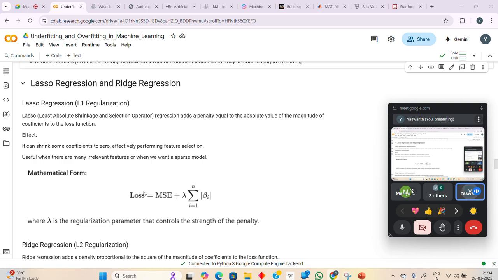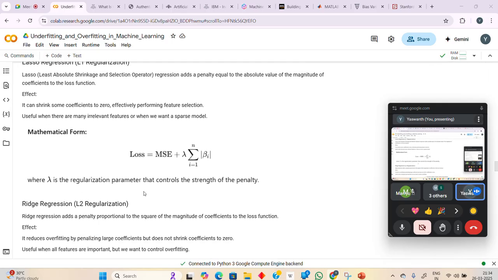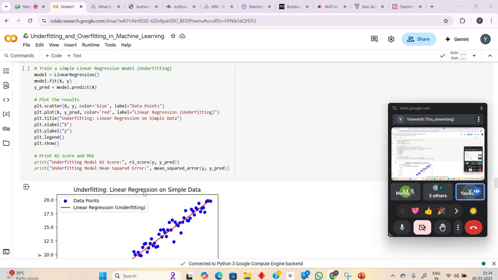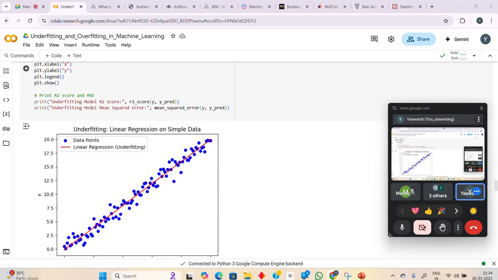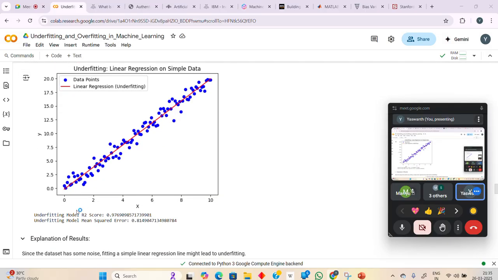This is the way to come up with a best fit line, whether we have an underfitting or overfitting situation. Or programmatically, see, this is an underfitting situation. Mean square error is high, 81% error.